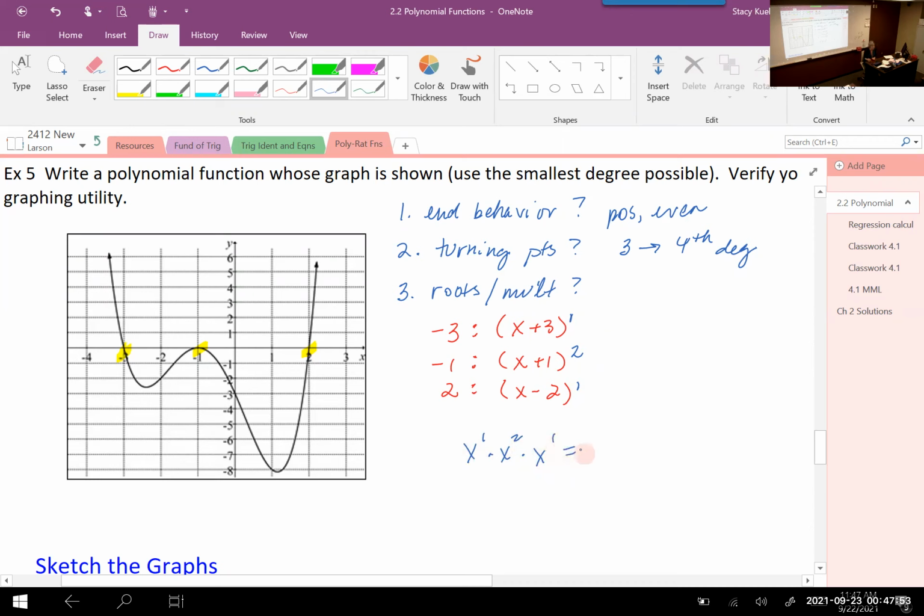What do I do to the exponents when I multiply their bases? So this becomes x to the fourth, doesn't it? I only had a fourth degree polynomial, so I was able to use those smallest numbers here. We're not trying to make this too difficult, but you gotta check that.